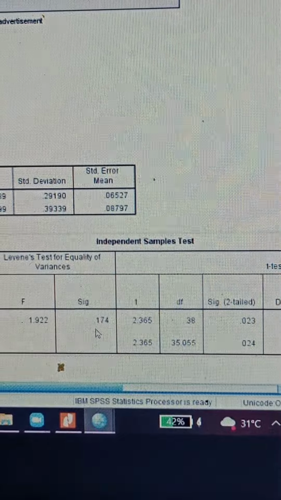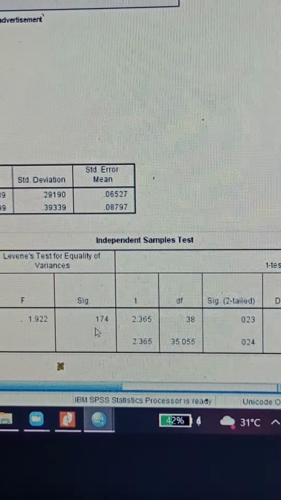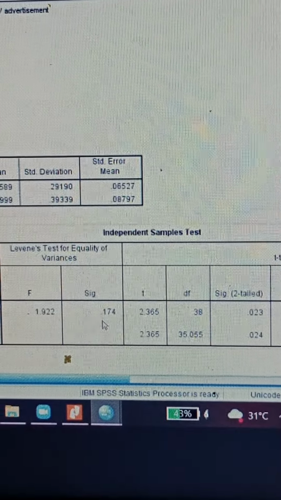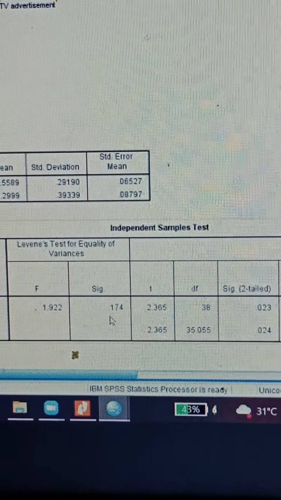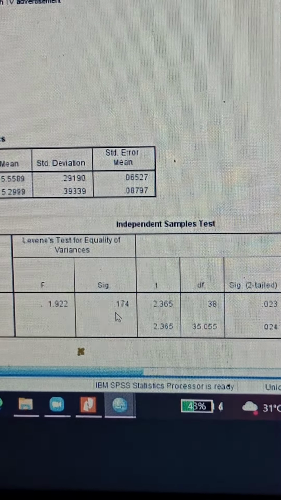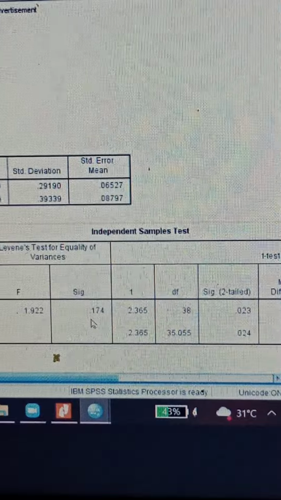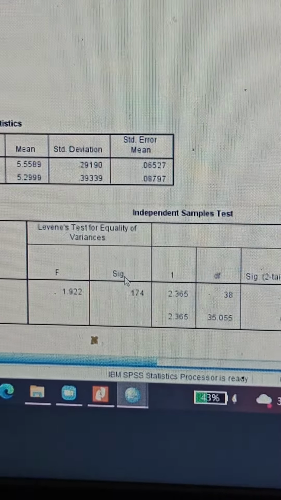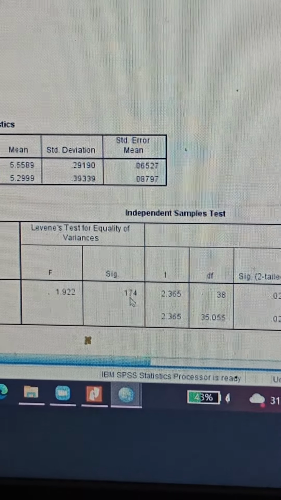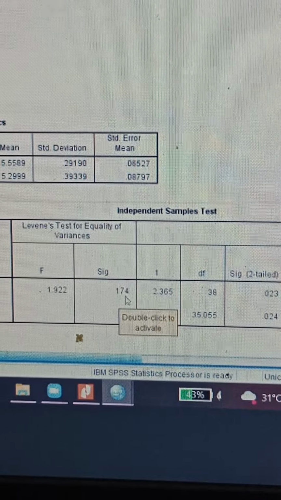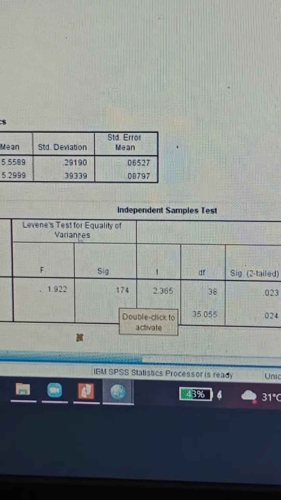Then it means that the test is not significant, right? We want that to happen because we don't want a significant test for the homogeneity of variance. With Levene's test, our goal is to have a not significant result for it to pass the test. So here we can see that our data indeed passed the homogeneity of variance test because the sig value is not significant.